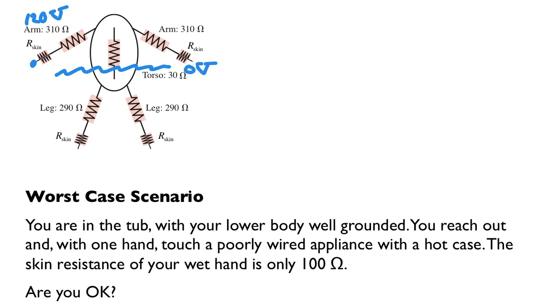The path through the body is basically skin, arm, torso, and then to ground. And so it's a shorter conducting path. Also, since you're in the tub, the skin resistance is a lot lower. Question, are you okay? I think you know the answer to this. This is a very dangerous situation. This is, in fact, a worst case scenario. We can compute the equivalent resistance of the conducting path, just the total resistance.